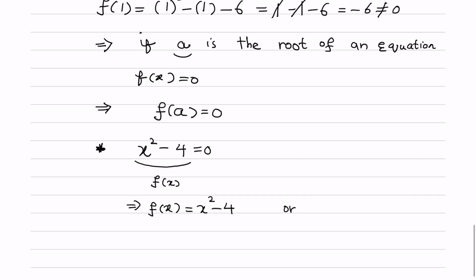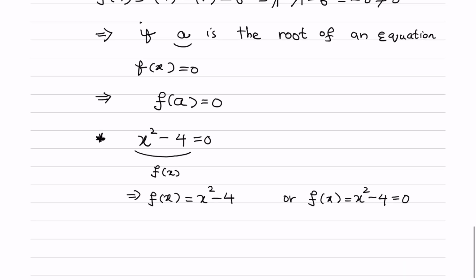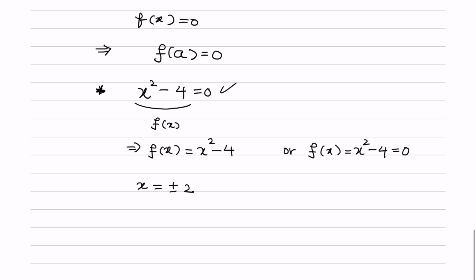Or on the side we can write f of x equal to x square minus 4 equal to 0. That's the equation. So we know that what are the roots of this equation? It has two roots, plus minus 2. We can verify that by plugging 2 and minus 2 in this equation. Both sides are satisfied. So yes, plus 2 and minus 2 are the roots of this equation.